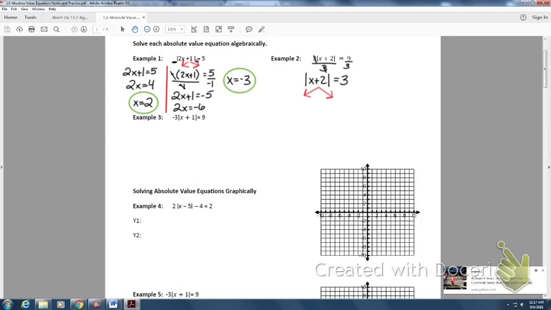So I want you to attempt that one right there. Those should have been the 2 equations that you were setting up.